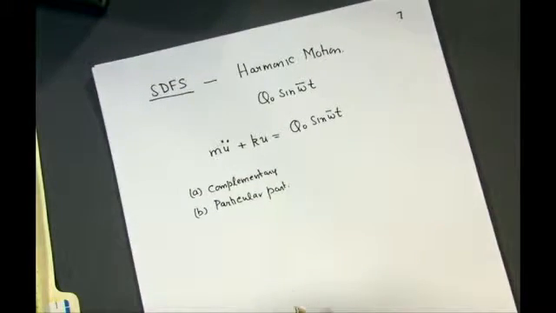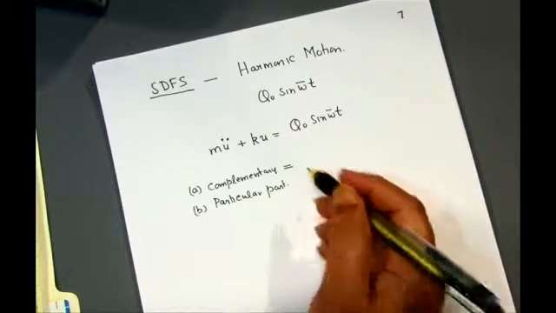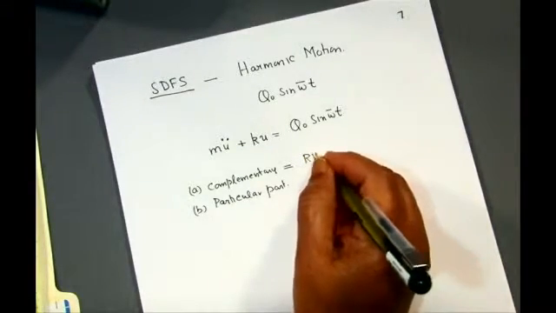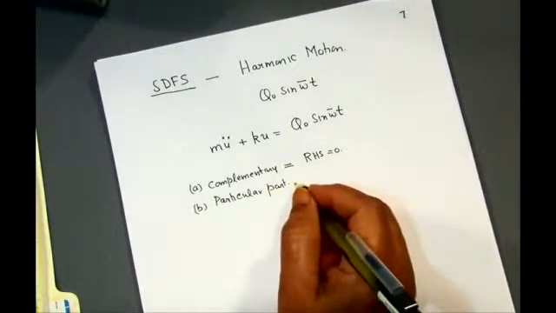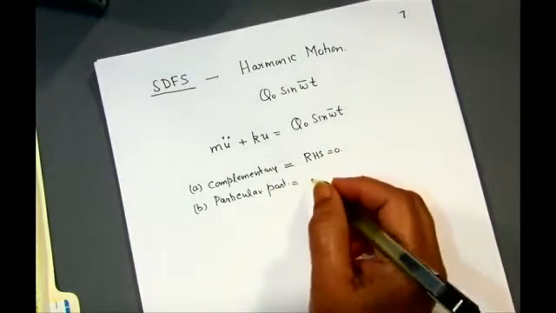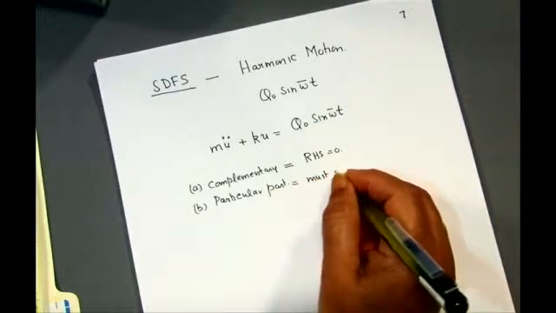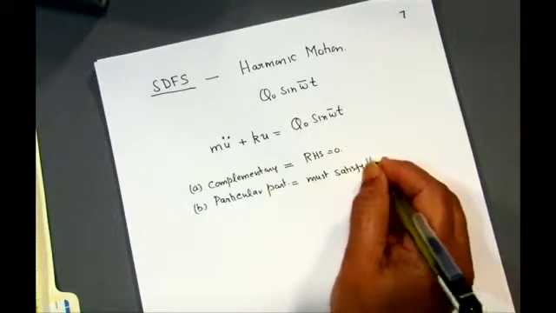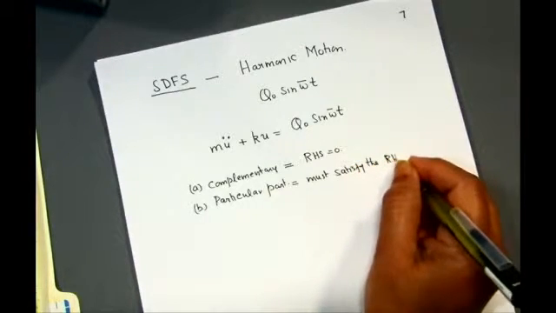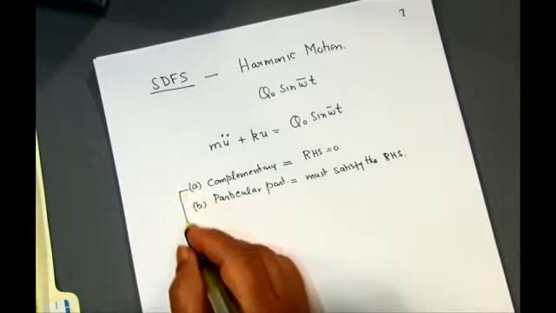The complementary part solution is when we take this equation of motion and we make the right hand side 0. Okay. And the particular part must satisfy the right hand side. So I'm going to just write that, satisfy the right hand side. Okay. So let's start with the complementary solution first.